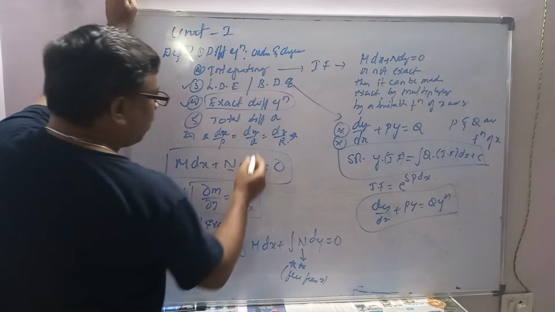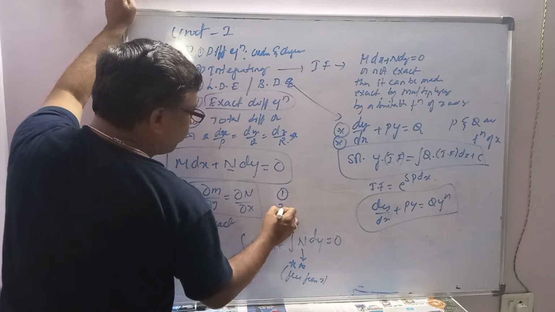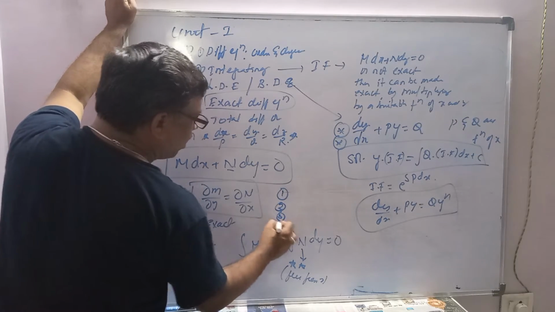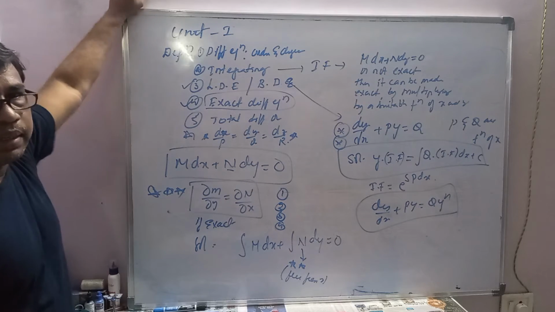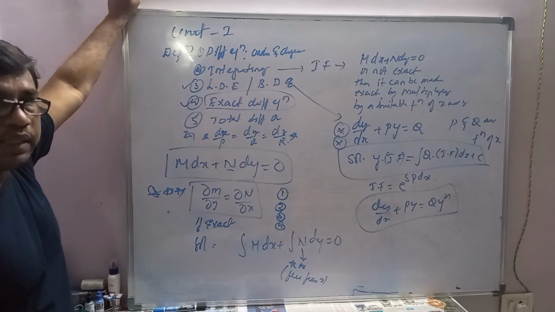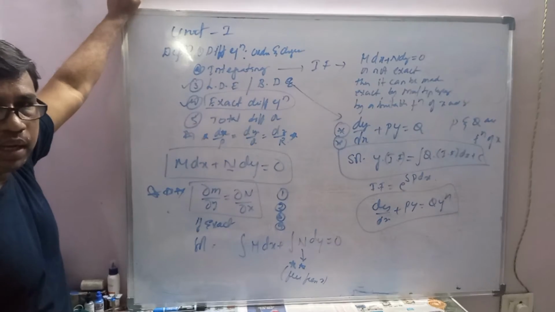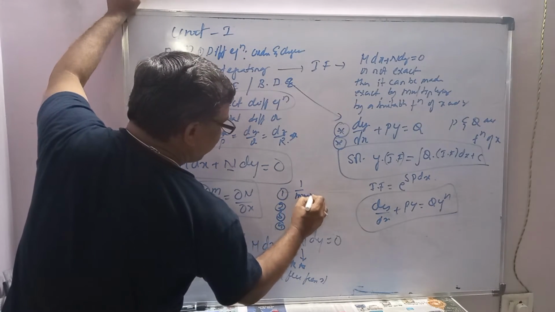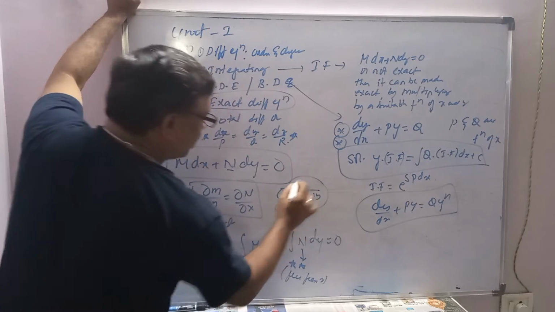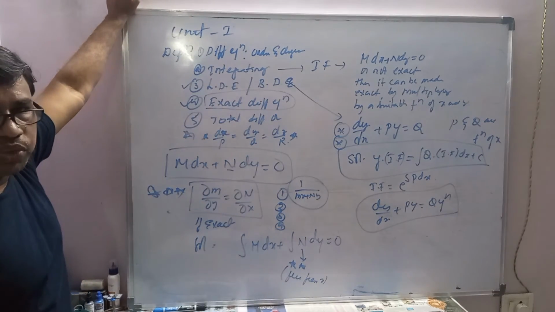Now there are so many methods: the first method, second method and third method. If the given differential equation is not exact, then we have to find the integrating factor. First one is 1 by (Mx plus Ny) as the integrating factor. How to identify this one?